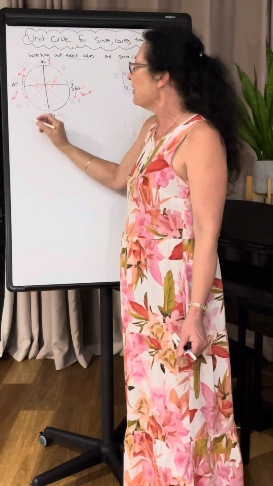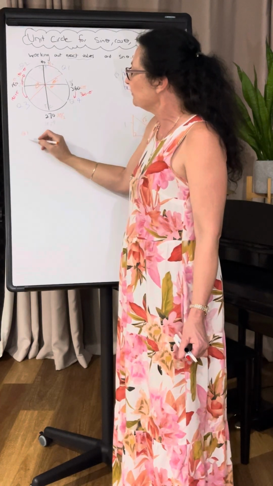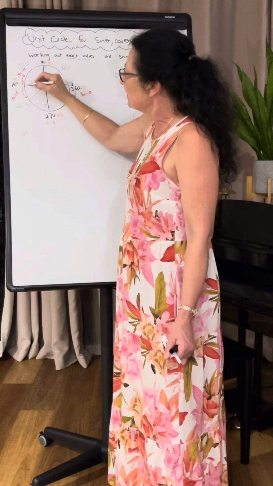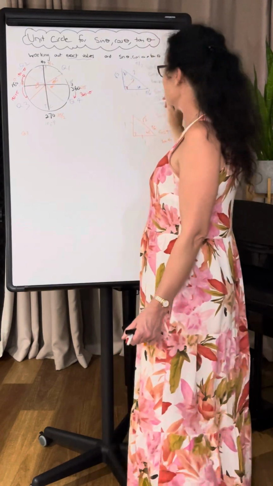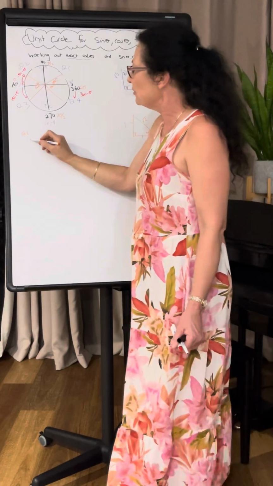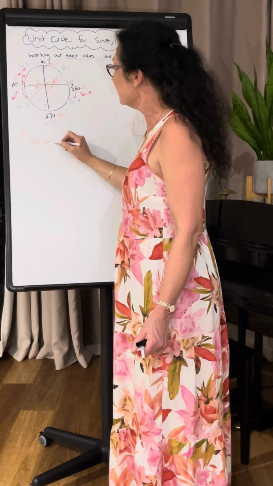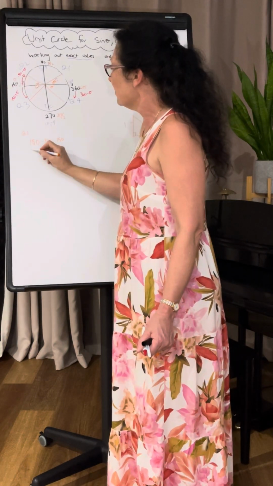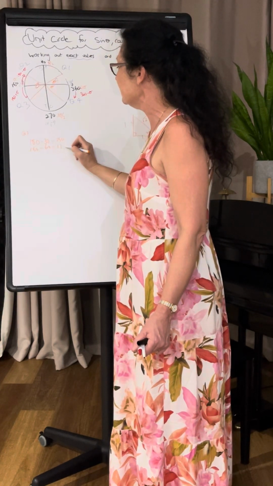All you need to know is here, let's try quadrant 2. If we make theta one of 30, 60 or 45, it will be 180 minus 30 is 150. 180 minus 60 is 120.